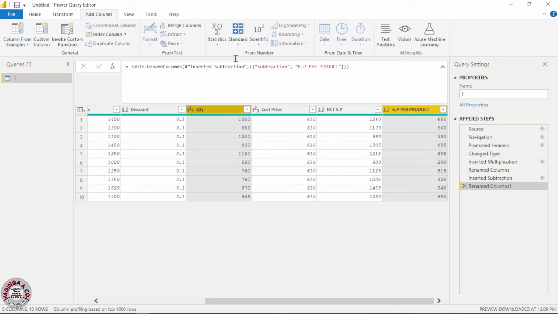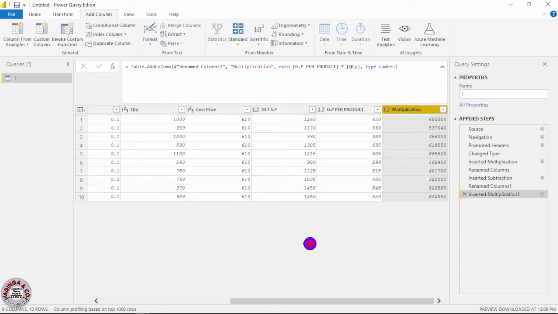Then we'll click standard and multiply. So this is the total net profit for all the products in terms of their groupings.